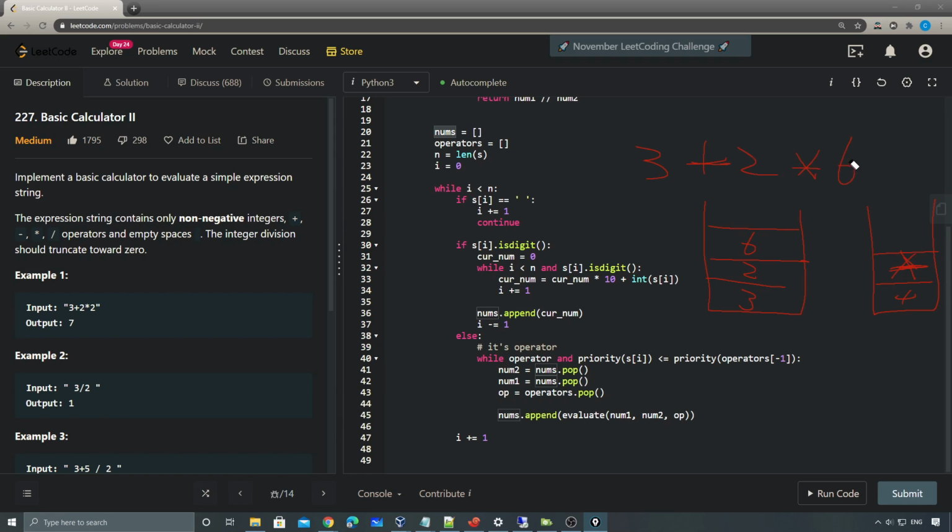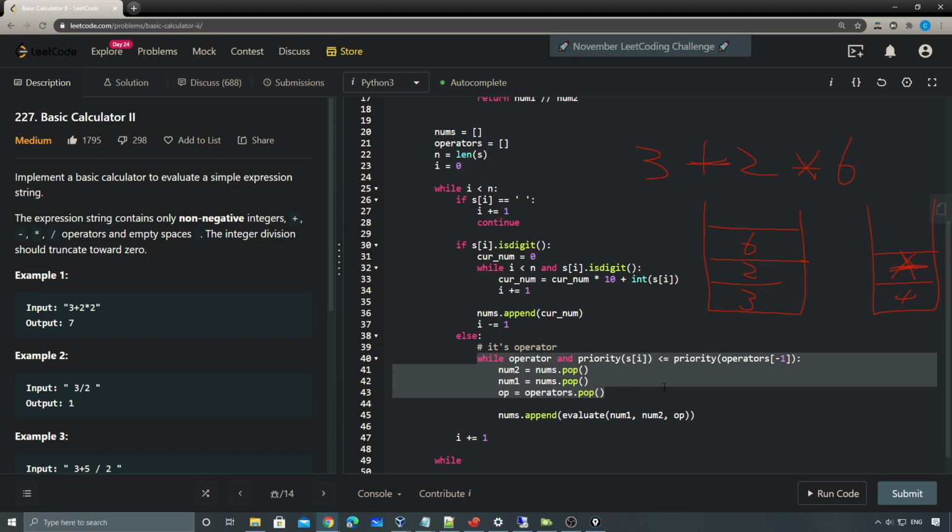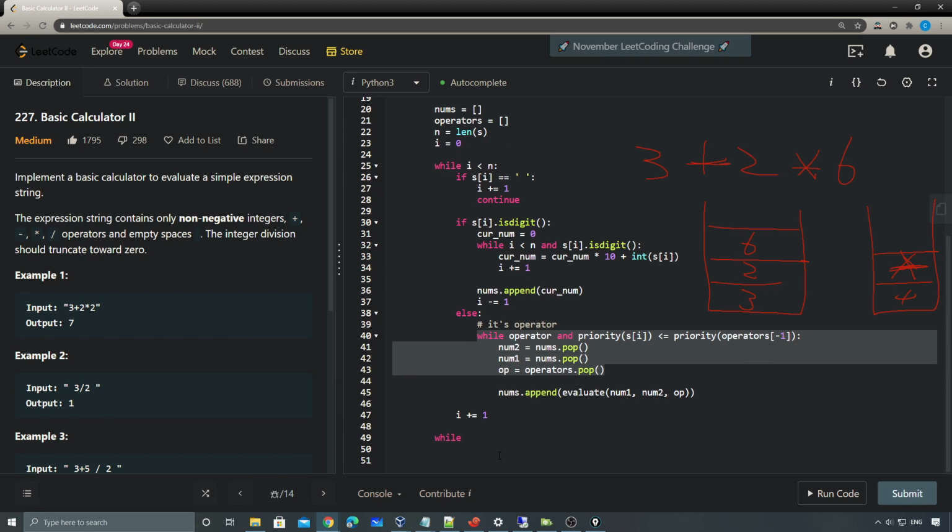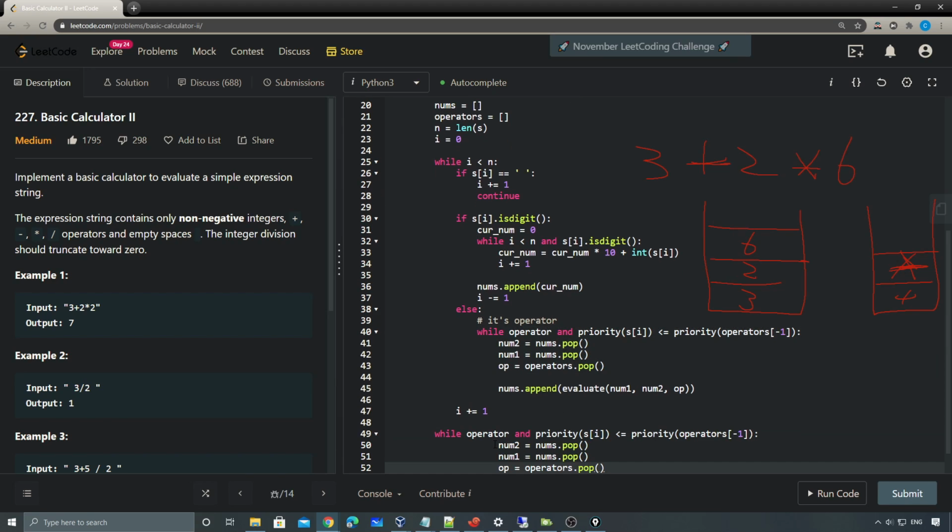But if the priorities are always increasing, we might end up with something like this after the while loop. That's why in the end we also need a while loop similar to this one to evaluate our stacks. So we can simply copy and paste right here.